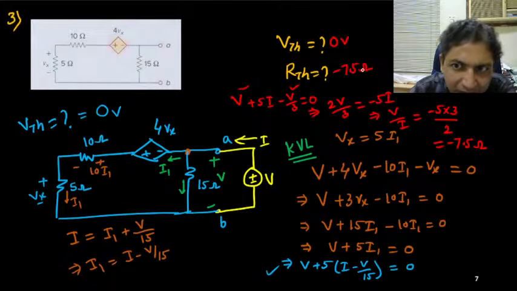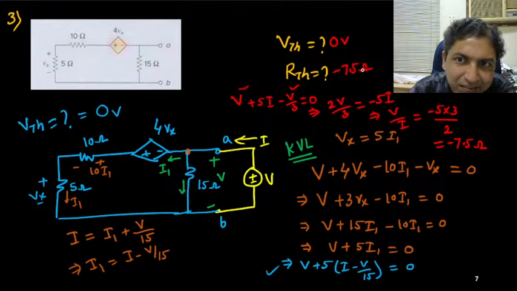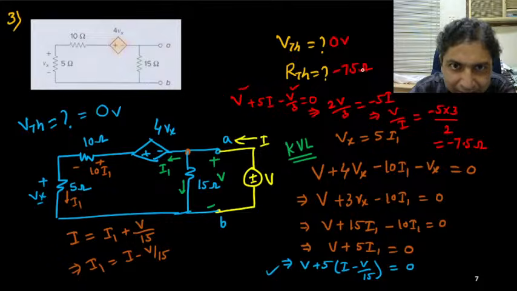And please make a note here that RTH is now becoming minus 7.5 ohm. It's negative, and resistance can be negative if the circuit has some dependent source. But there is no guarantee that it is always negative.